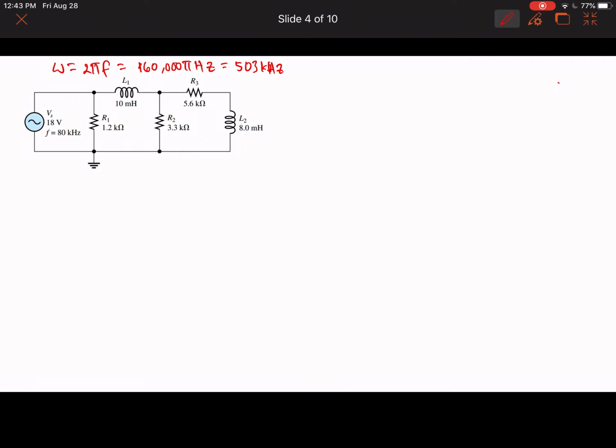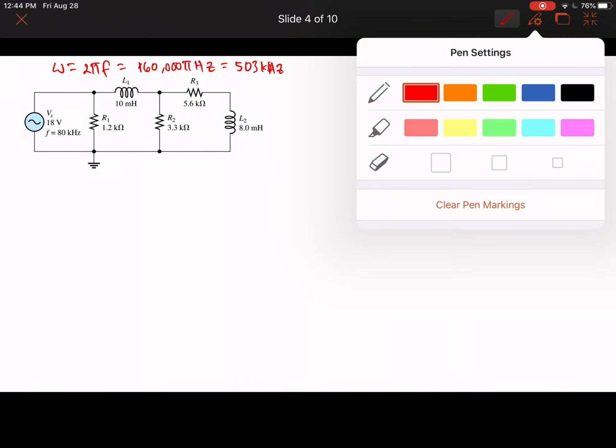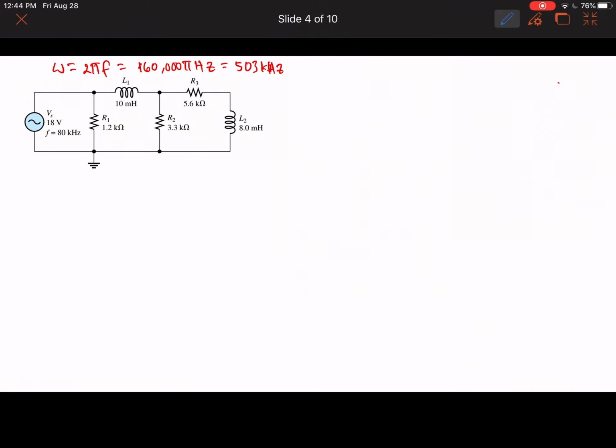Okay, now that we know that, the next step is to simplify our first circuit, which is this one.